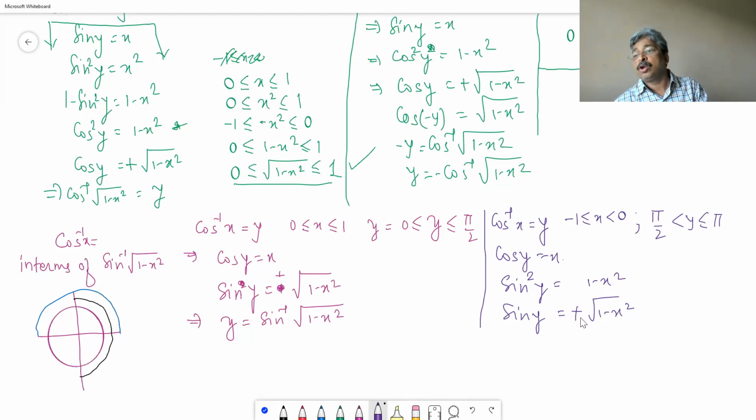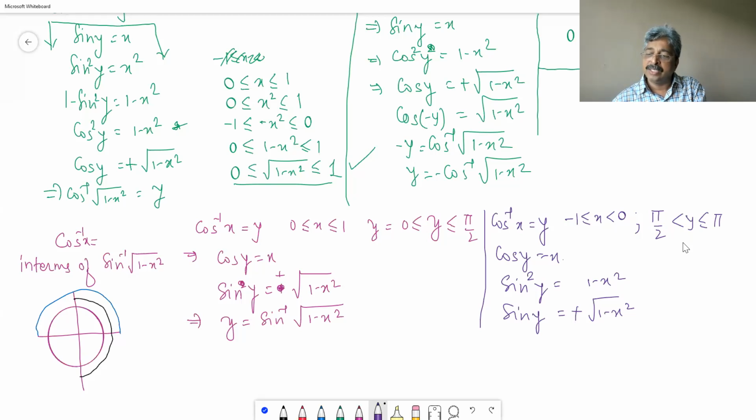This step needs to be followed meticulously. You cannot just randomly choose a positive sign, because in some cases you may end up having a negative sign here. So sine y is equal to this. Now I cannot take sine inverse because y is out of range.